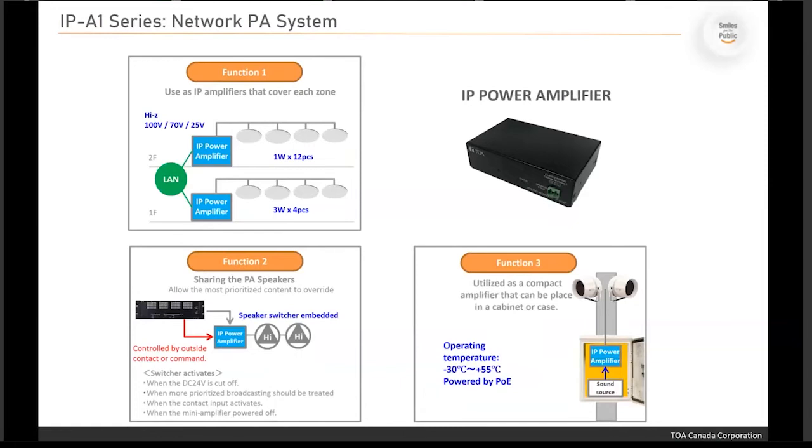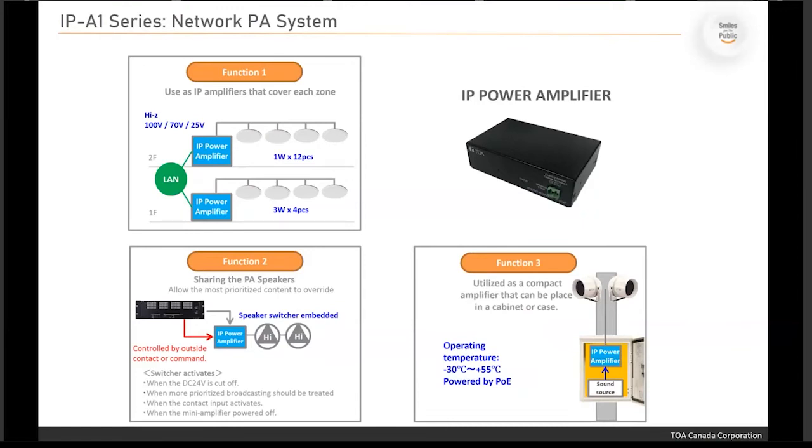In case you have a project where you would like to use analog passive speakers, or a retrofit project where you want to keep your analog passive speakers, you can do so by adding an IP power amplifier, but please make sure that you don't connect more than 12 watts per IP amplifier, and you can create zones with the IP power amplifier. Again, the IP power amplifier can accept output of 100 volt, 70 volt, and 25 volt.